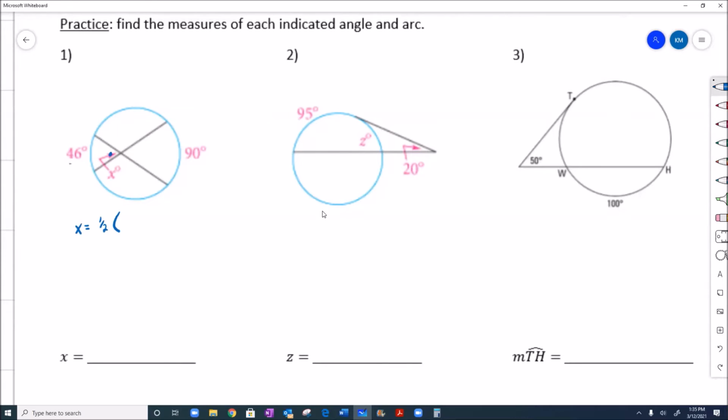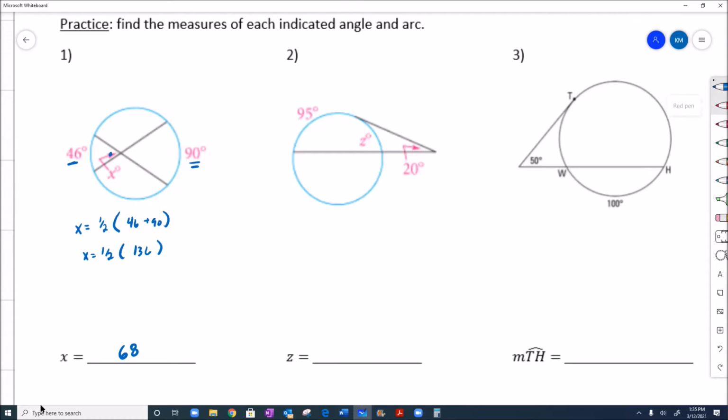One of those intercepted arcs is 46. The other is 90. When we add those two together, that gives us 136. So half of 136 gives us 68. Not too bad.